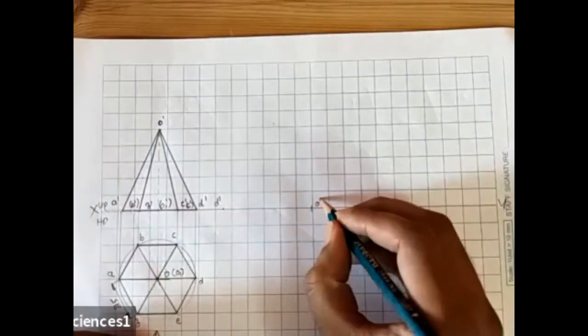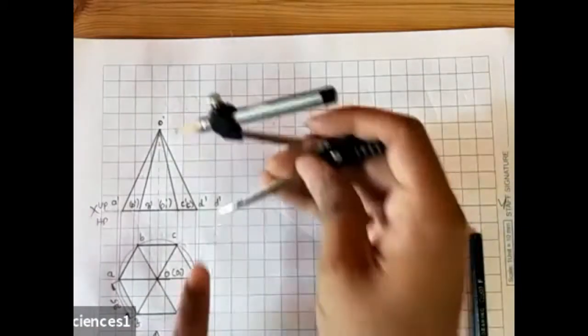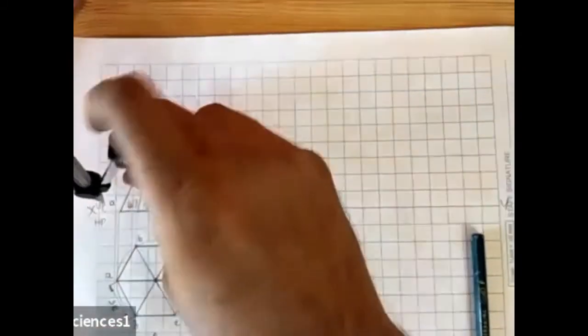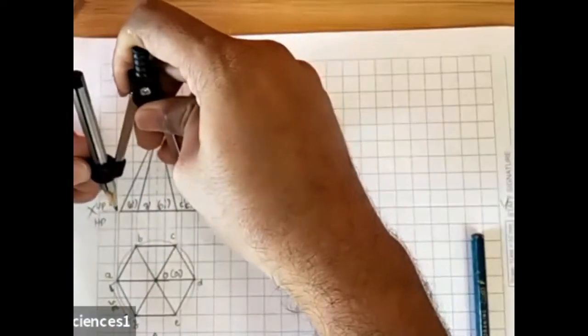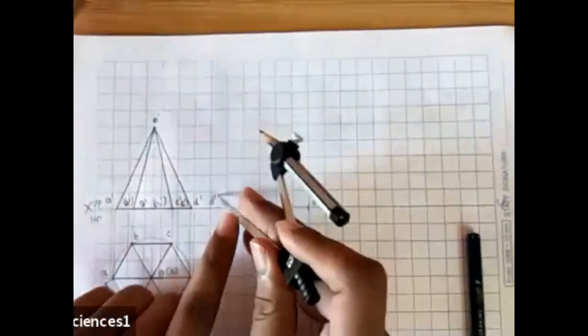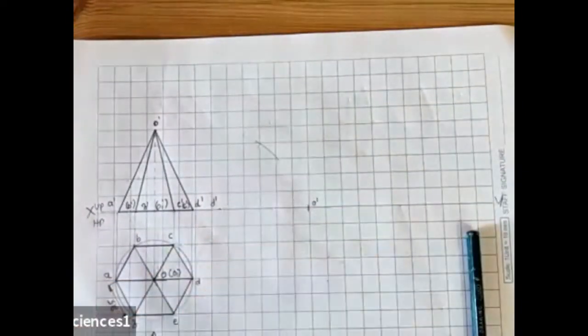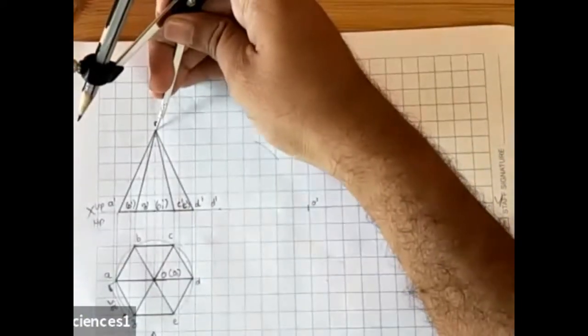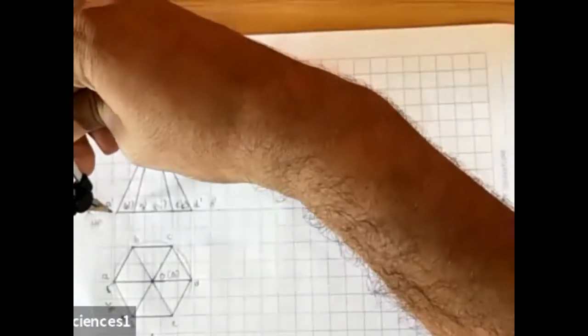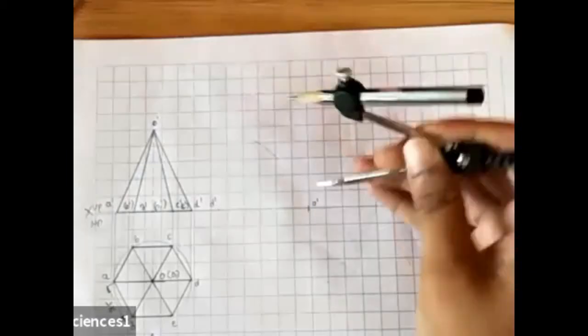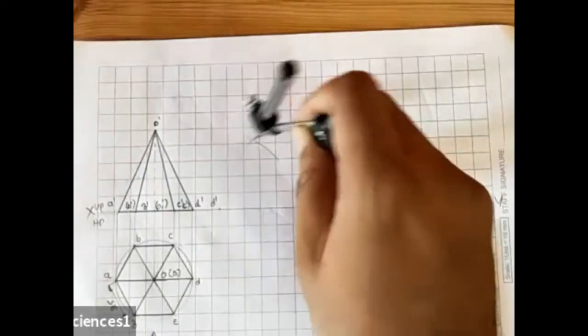This will be your O dash, and similarly measure from D dash to A dash. Again, from O dash to A dash, you measure it. So this will be O dash to A dash.